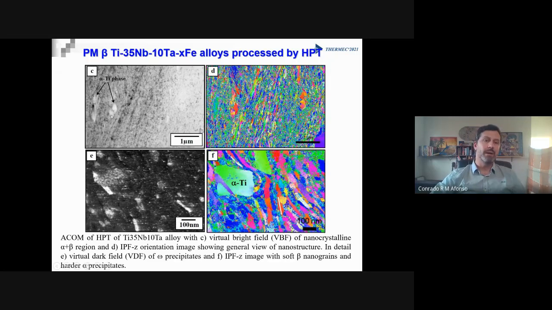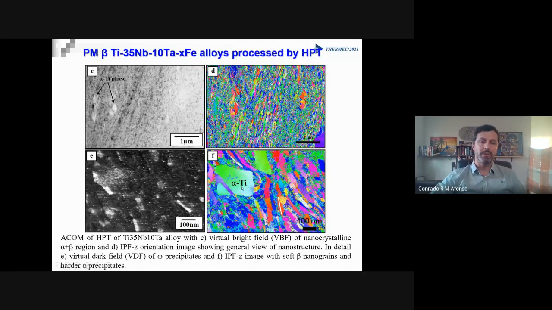And here the harder alpha phase that decreased as well the grain size, but not as much as the beta phase. And here we can see the very small size of the beta titanium grains. So in a more detailed image, in higher magnification, we can see here more or less the grain size of the beta phase.